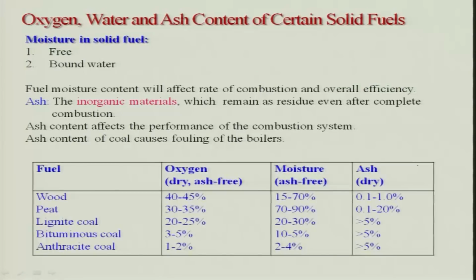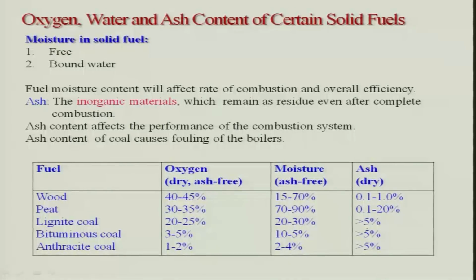And if you look at some of the fuels given, like wood, peat, lignite coal, bituminous coal, anthracite coal, these are the constituents which are there in the range. Oxygen generally, wood will have a lot of things, on dry ash-free basis, whereas moisture is much more in the wood, as compared to anthracite coal, and ash is very less here.